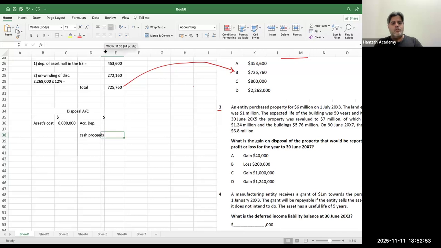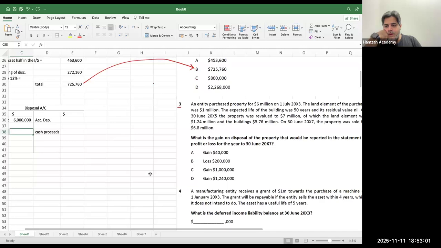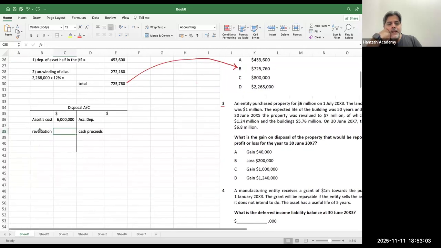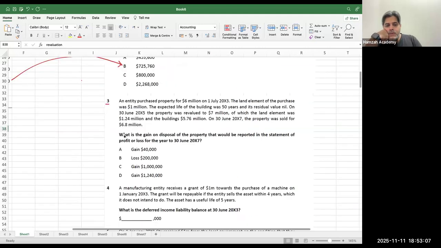Right. All right. So let's see. And the revaluation is supposed to be over here, which we need to take into account as well. But we have the revaluation, but the thing is, we have to calculate the total gain that we have to take into the income statement over here, right?